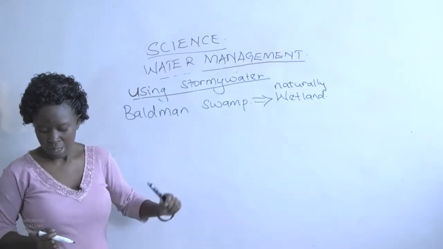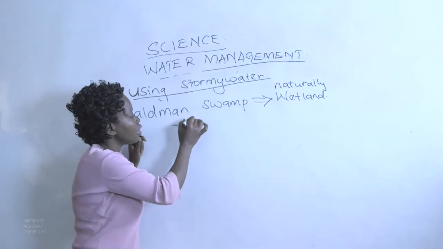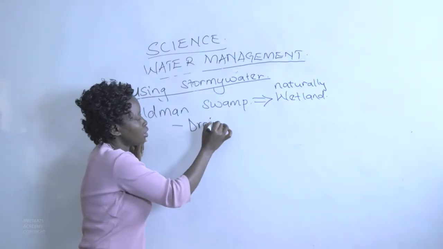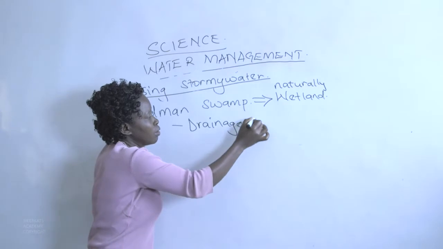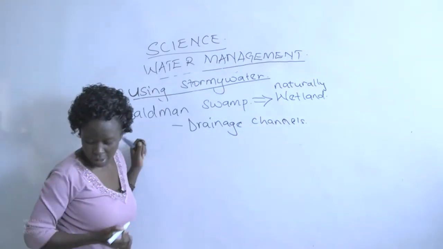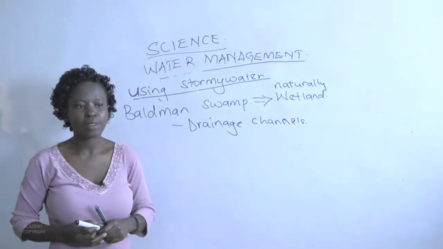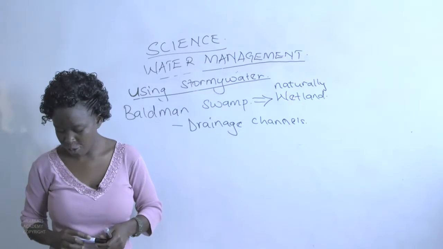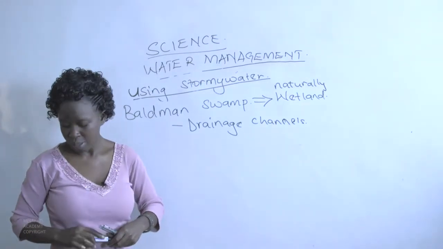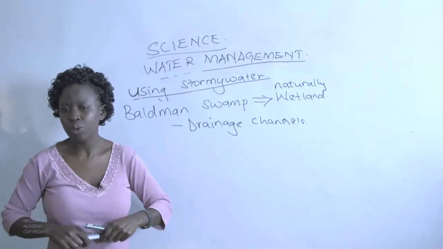has three main drainage channels. These drainage channels are used to carry the surface runoff water from the city streets into the swamp.